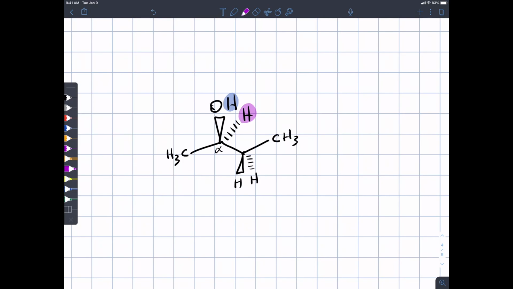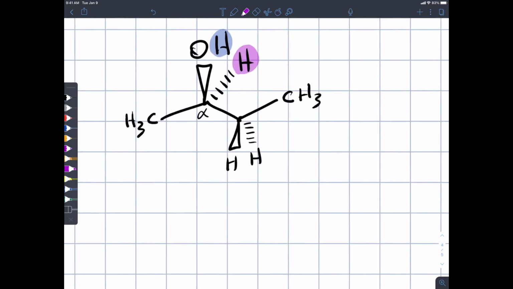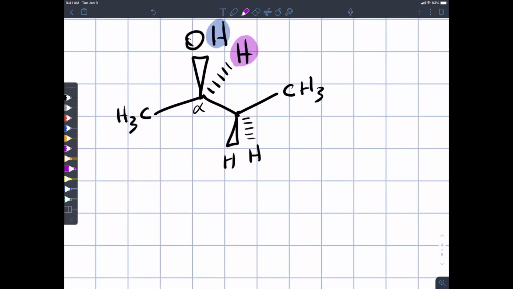Are they the same or are they different? Some said same, some said different. Well, you're right, it is different, but we want to help people that said same. So why are they different versus same? I said it was different because the methyl group on the left side is closer to the oxygen.